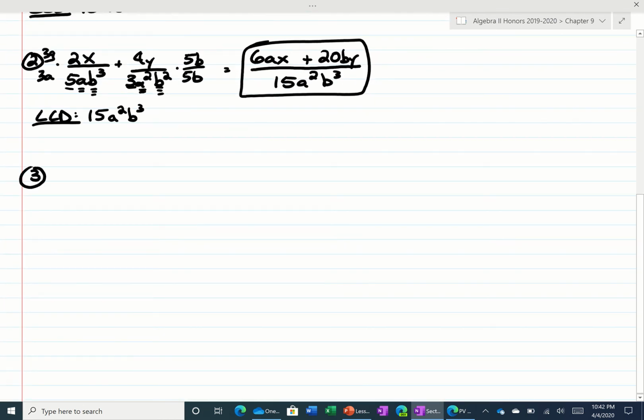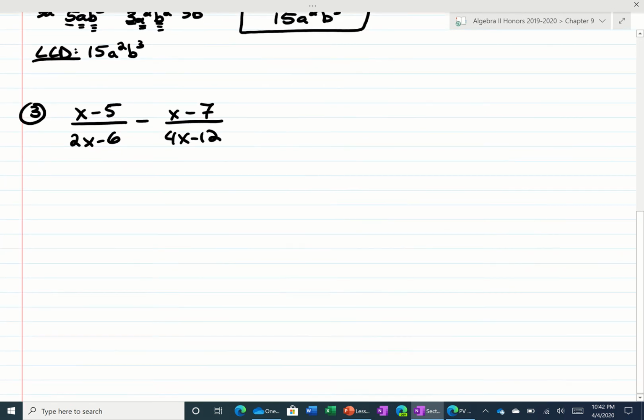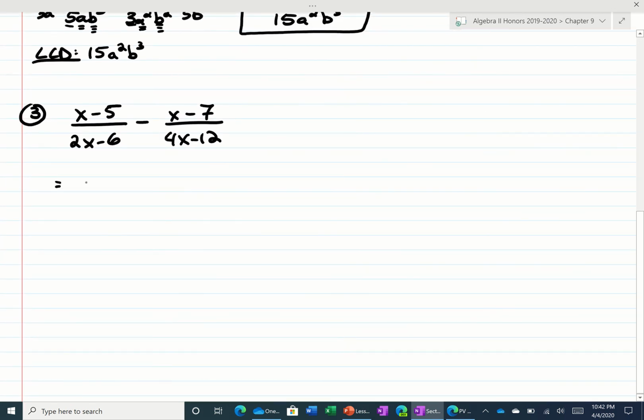All right, 3. What if we had x minus 5 over 2x minus 6 minus x minus 7 over 4x minus 12? Remember, the denominator is the most important. So let's factor our denominators, and then we could figure out what the least common denominator would be.